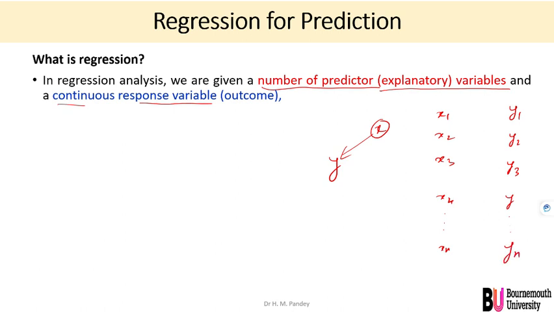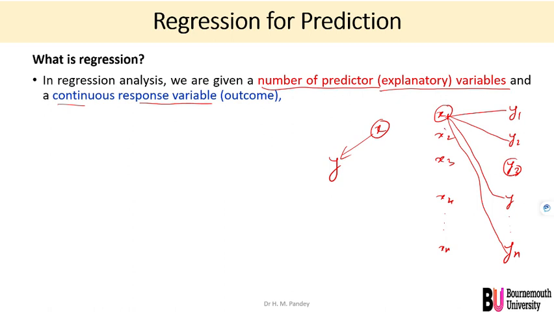So for x1, the predicted response is y3, or y1, or y2, or y4, or yn. This is what you want to predict.